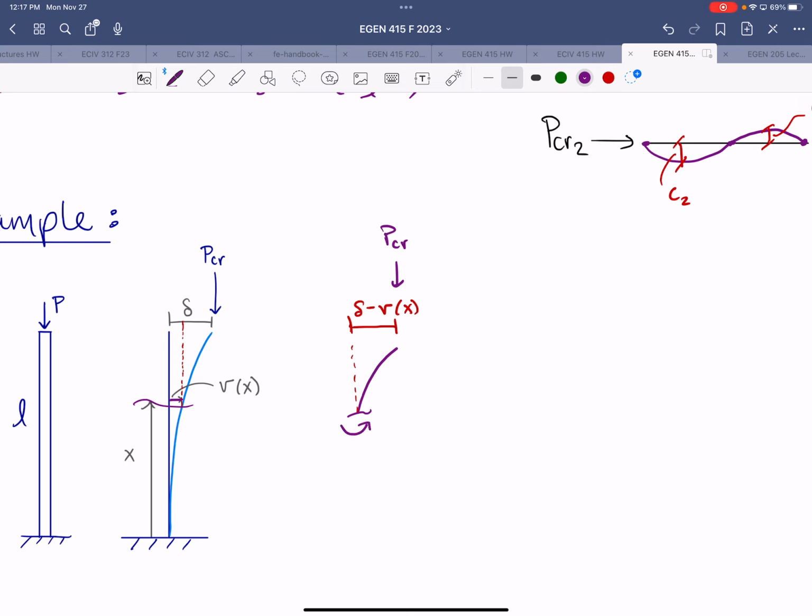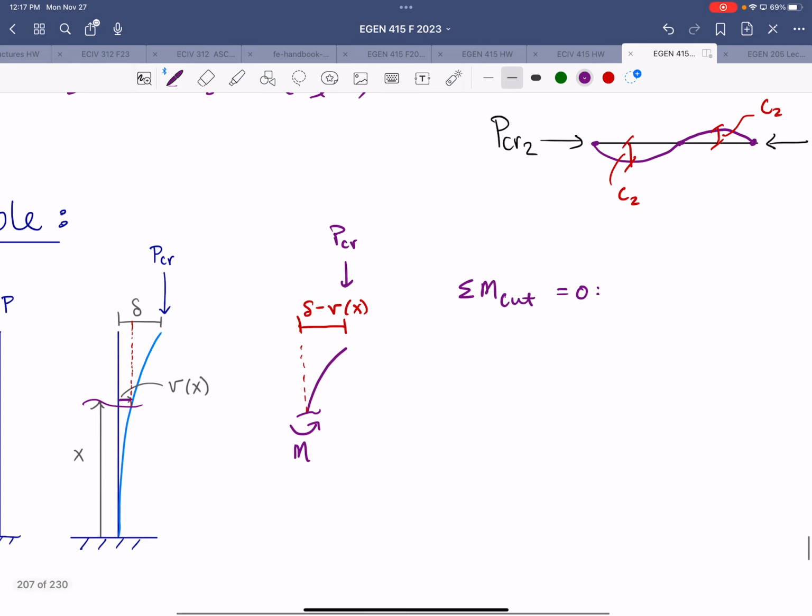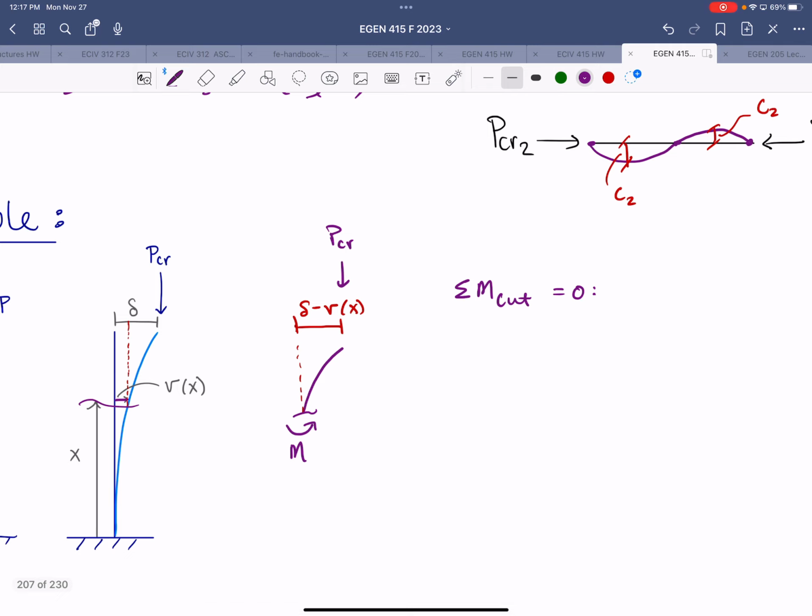The only one that we care about is the internal moment, because we're going to sum moments about the cut to find an expression that includes M and P critical. So we would get negative M plus P times the deflection.